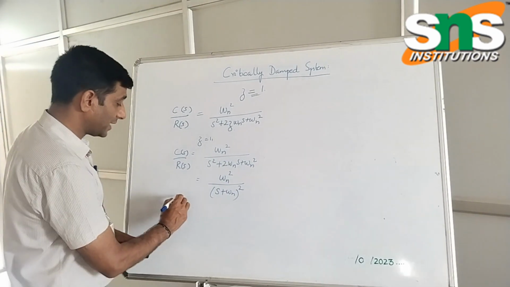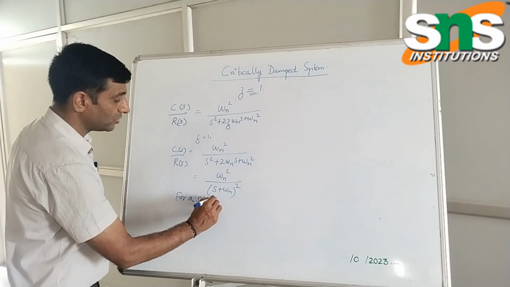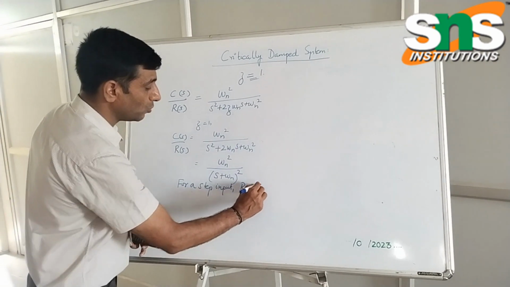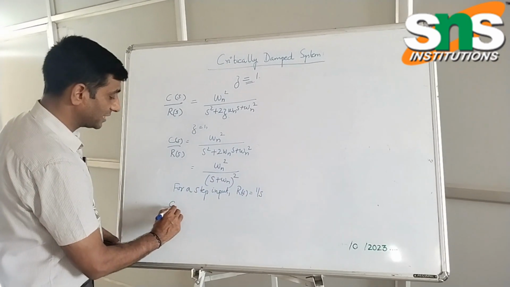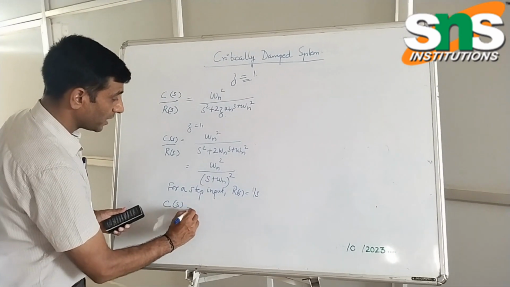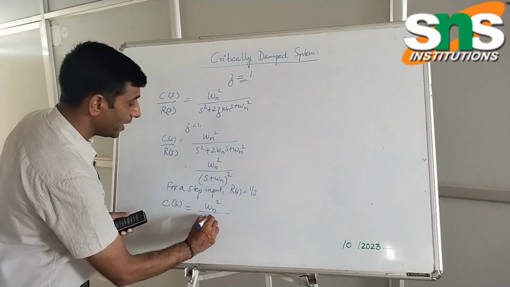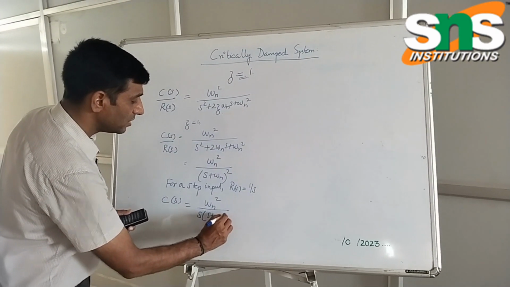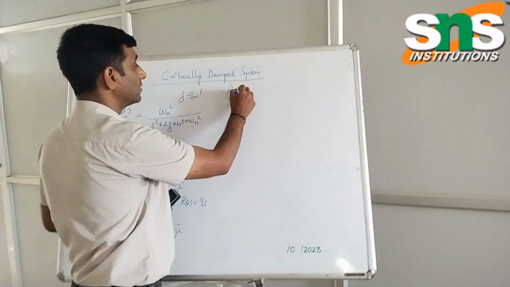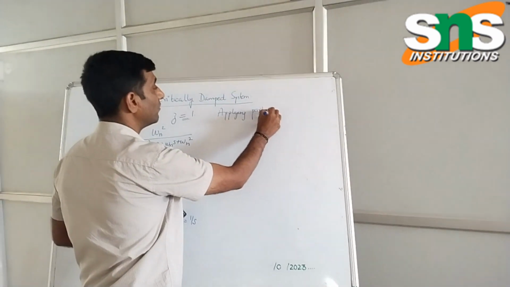And now again we consider a step input. So for a step input, your input R of s is equal to 1 by s. So now our C of s is equal to omega n squared divided by s into s plus omega n the whole squared. Again we have to apply partial fractions and split it.